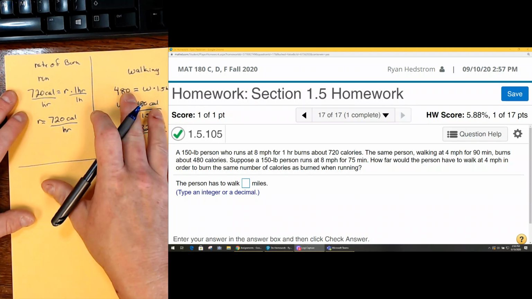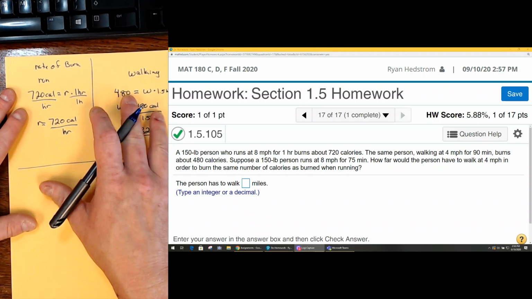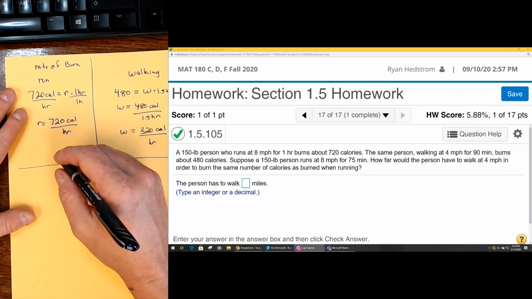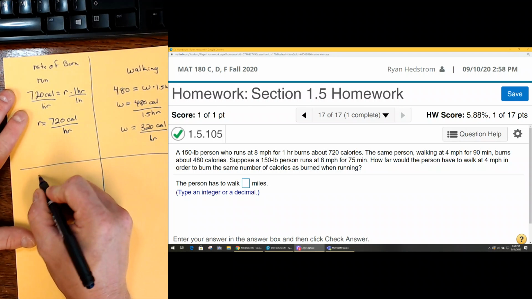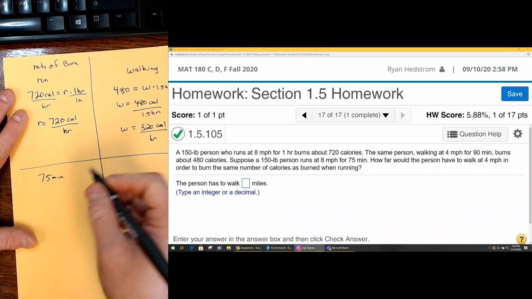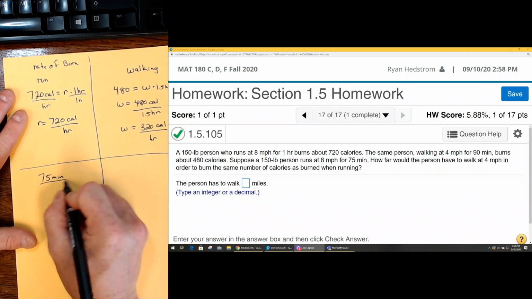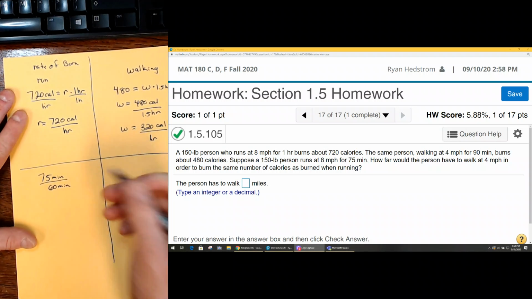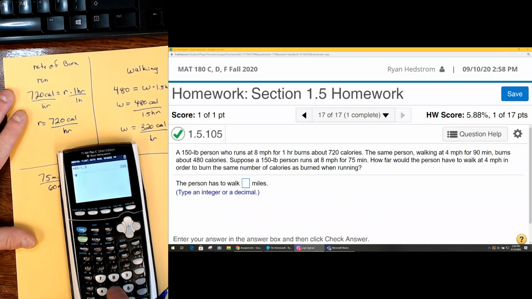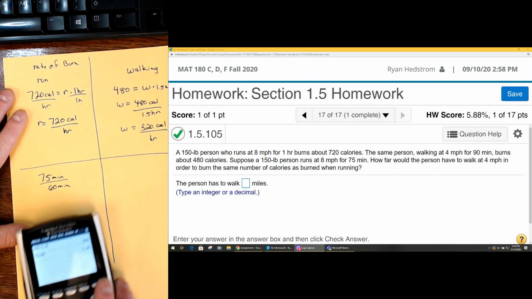Now we want to figure out how many calories they burn when they're running for 75 minutes. So for 75 minutes, I'm going to divide that by 60 minutes so I can get it into hours. And that's going to be 1.25 hours.